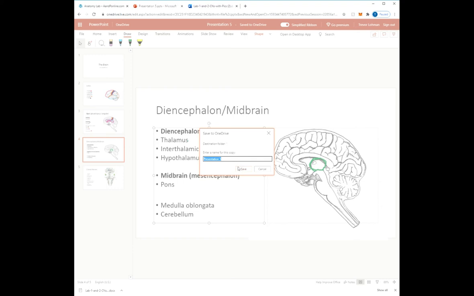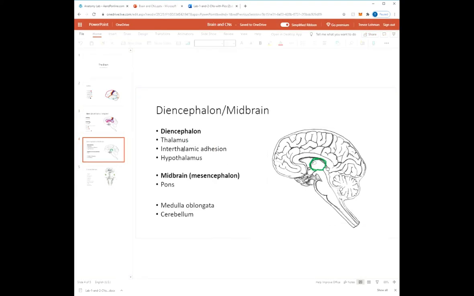Okay. You guys are seeing how the hot dog is made right now. You're behind the scenes. Okay, so there is the thalamus in green.